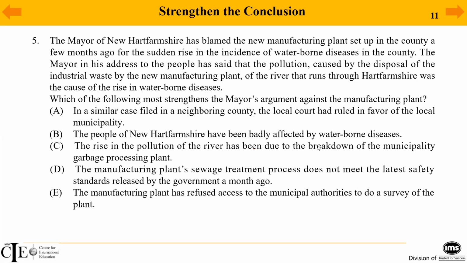Yes, Sarth, correct. Dhwani, correct. Abhishek, correct.